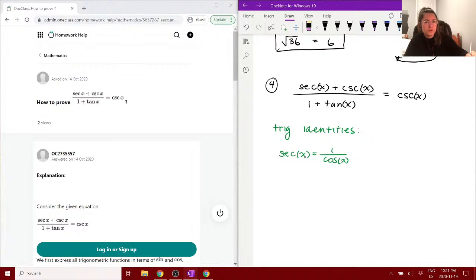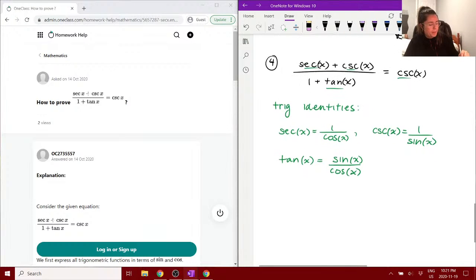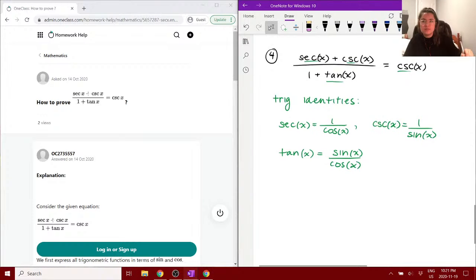We also know that the cosecant x function is equal to 1 over sine of x. And we also know that tan of x is equal to sine of x divided by cosine of x. Okay, so that covers the secant, cosecant, and the tan. So that's everything we will need.